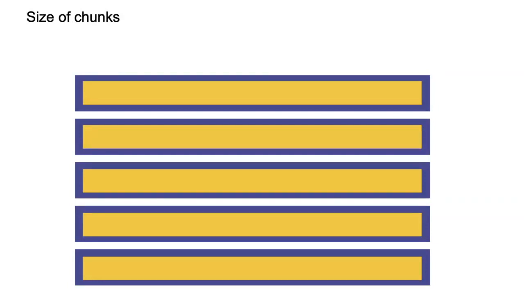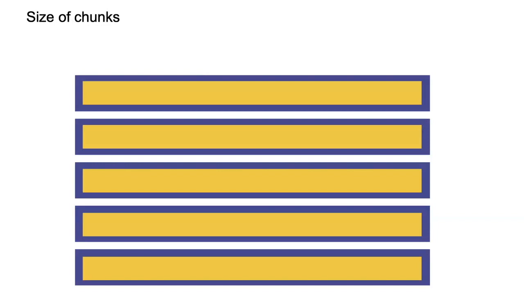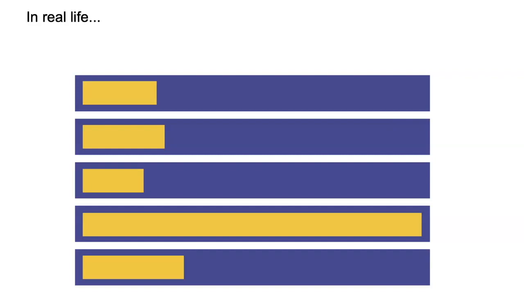Now, these are the slots, right? We have slots here, where every core gives you 1 slot to execute tasks. Now, how many tasks should you have? Here, I'm repeating myself because I already told you you should have more tasks than slots, a multiple of them. Why? Because if you say, okay, 1 task per slot, you might hope for this. The problem is that this is not going to happen. This is going to happen. One of the tasks is going to take longer and the others are unused.